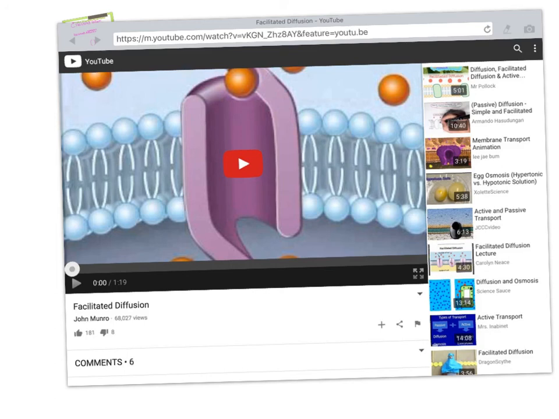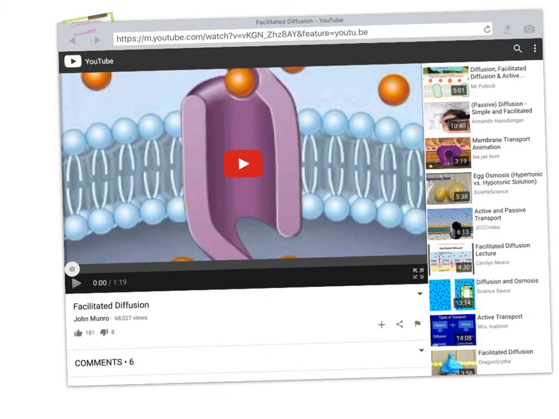The diffusion process by changing shape and moving the molecule down its concentration gradient through the membrane into the cell where it is released. Facilitated diffusion is similar to simple diffusion in that both involve movement of molecules down their concentration gradient, and this movement is carried out without any input of energy.